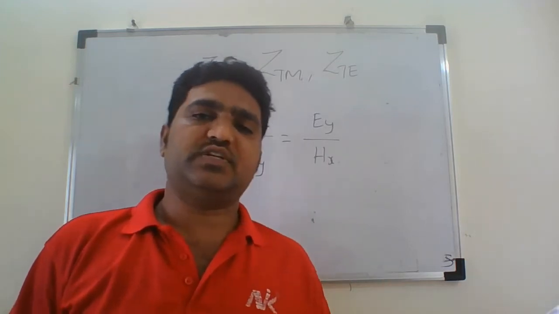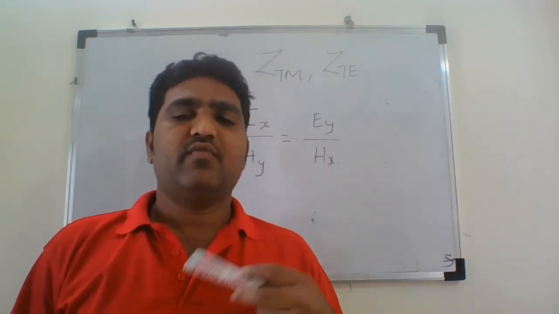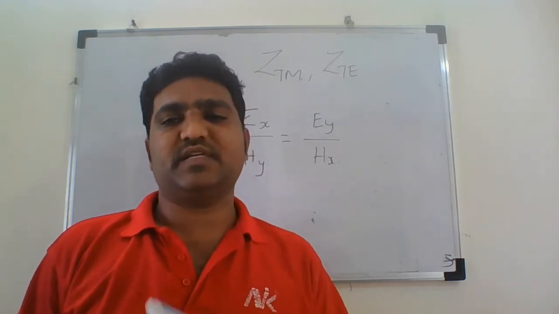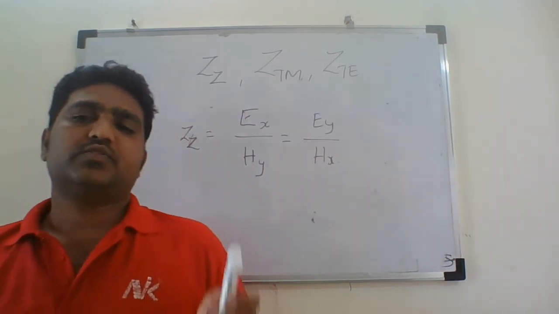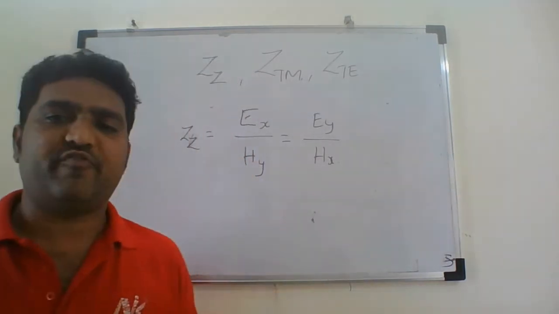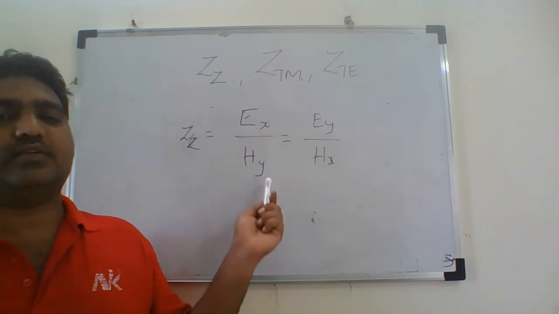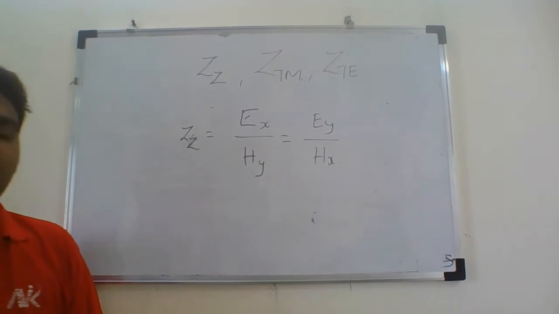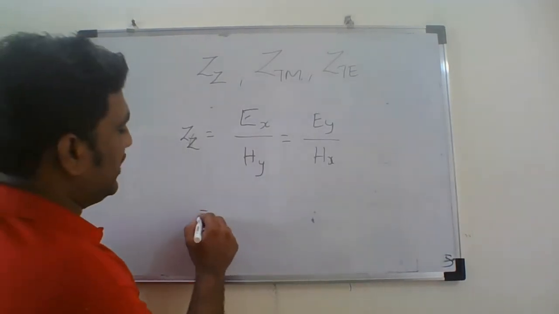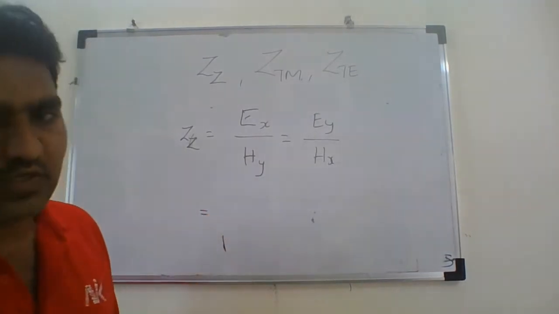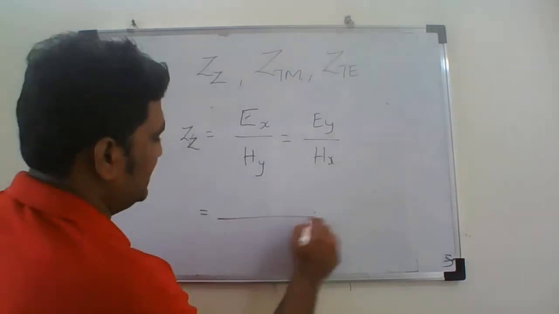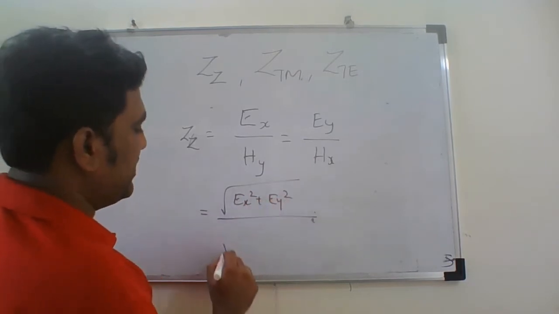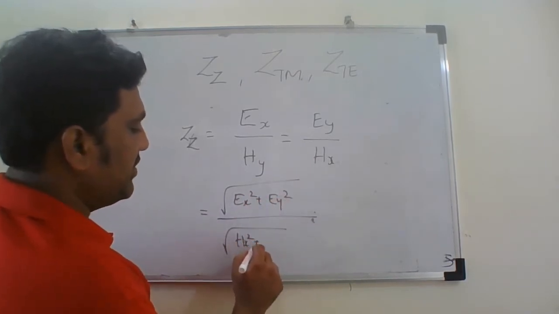We have to consider components in opposite transverse directions. If E is present in x, H won't be present in x, so that is not possible. Therefore, it is always taken as the ratio of one transverse component to the other transverse component. This is the general definition of the wave impedance. We can also write it as root of Ex square plus Ey square divided by root of Hx square plus Hy square.